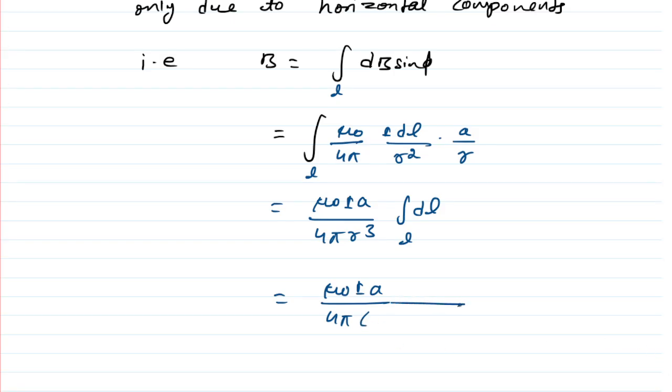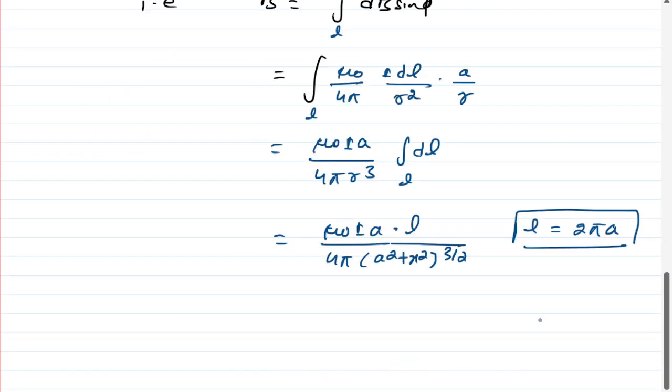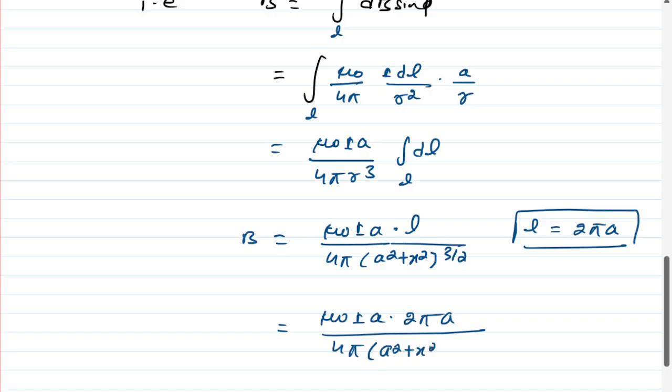So r cube will become a square plus x square power 3 by 2, and the integration of dl will be L only. We know L is equal to the circumference of this loop, that is 2 pi A. So this is the total magnetic field B, which is mu naught into I into A into 2 pi A upon 4 pi into a square plus x square power 3 by 2.